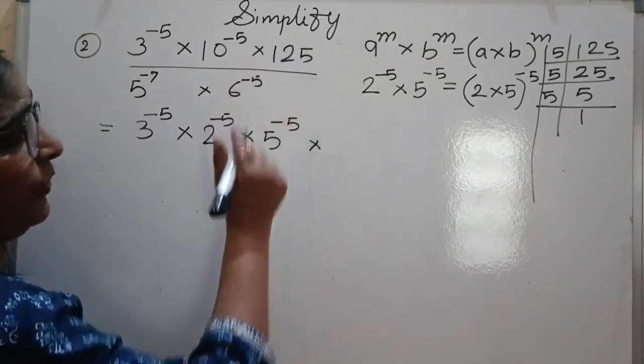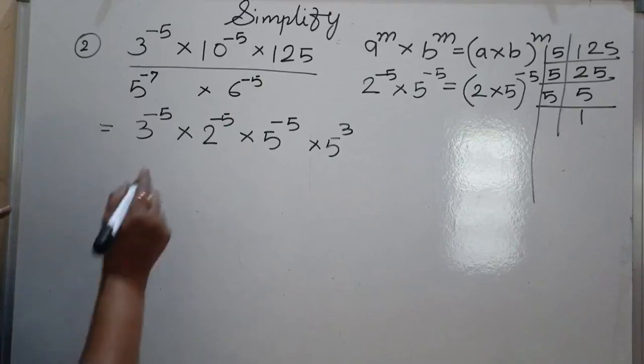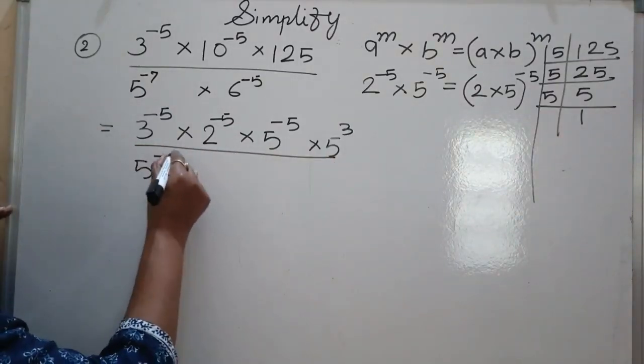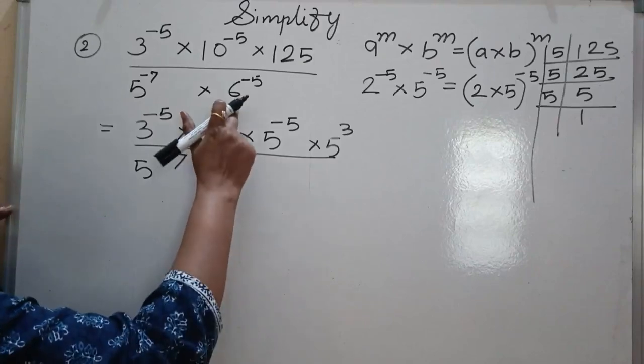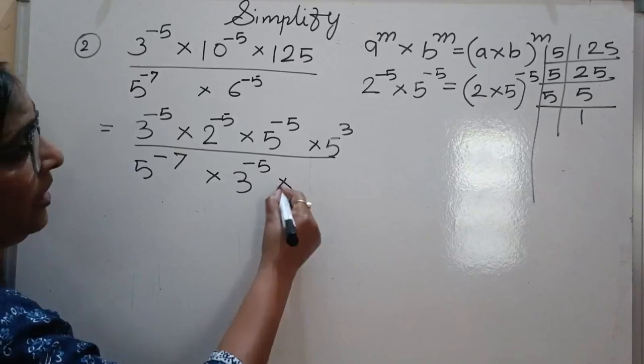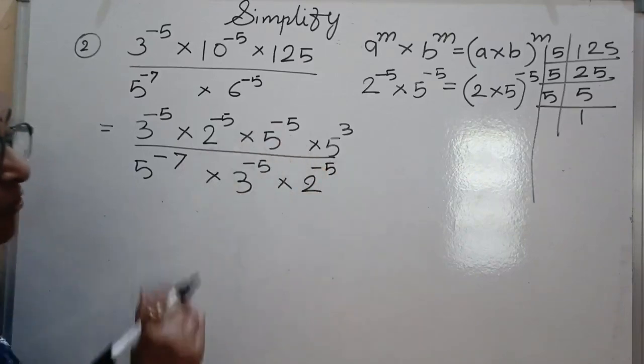Into 125, I will write 5's cube. Next, in denominator, 5 raised to minus 7 into, what I will write? 3 raised to minus 5 into 3 2s are 6. Therefore, 2 raised to minus 5.